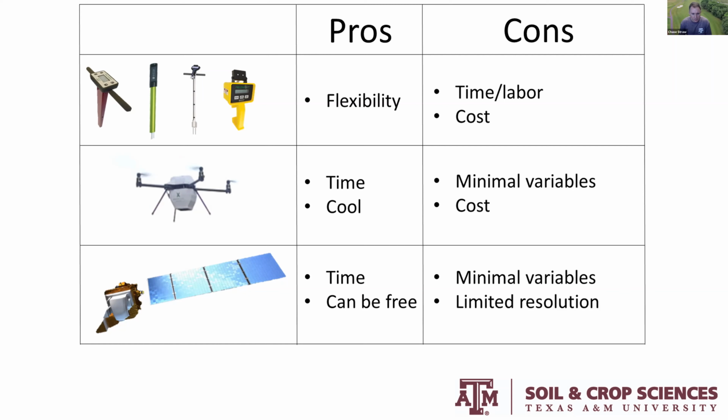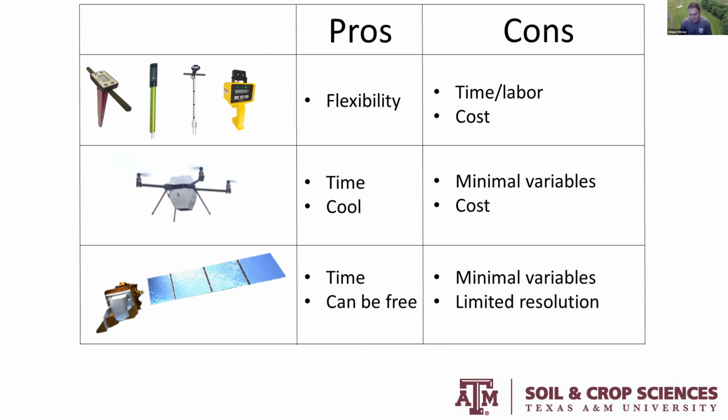And then satellite. Time is an advantage because you can typically just get online on the USGS website or some other website that offers satellite images. Sometimes it can be free, but typically the free ones have limited resolution. You would download it and it'll be in what's called a raster map, which is just a pixelated map.